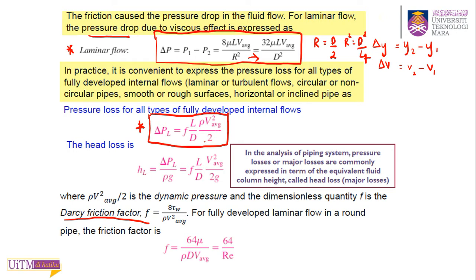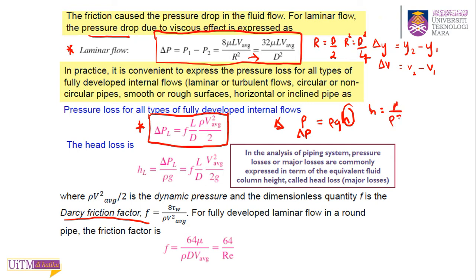But we know that pressure is equal to rho times g times h. For the pressure loss delta P, we can write this in terms of head loss: H equals P over rho g.